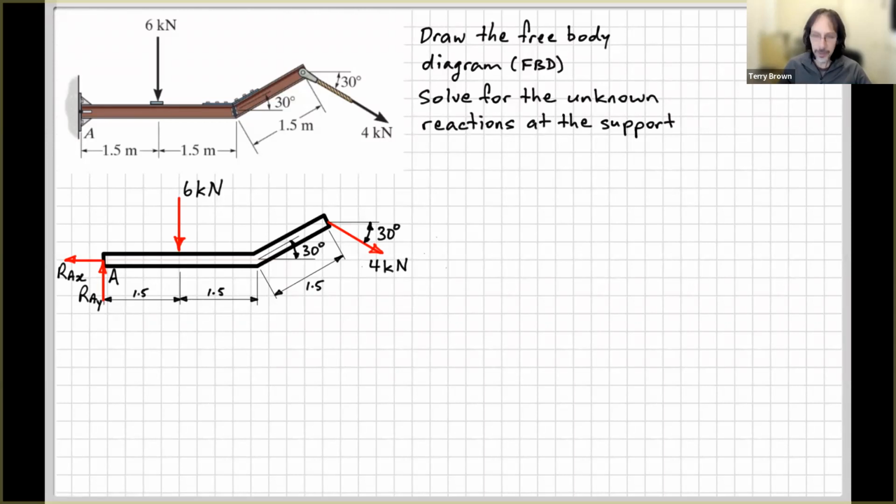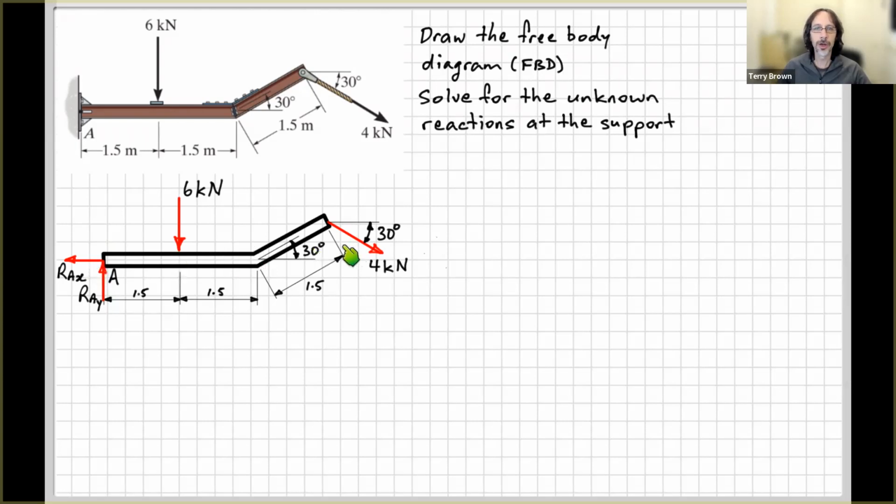Okay, so in this case, the only other forces that we've got acting are the 6 kilonewton force acting downwards, and this force here has a vertical component acting downwards. So for this to be in equilibrium, sum of the forces in the vertical direction equal 0, this force needs to be acting upwards. If we consider the horizontal forces, sum of the forces in the horizontal direction equal 0.